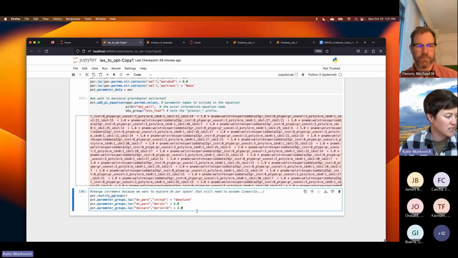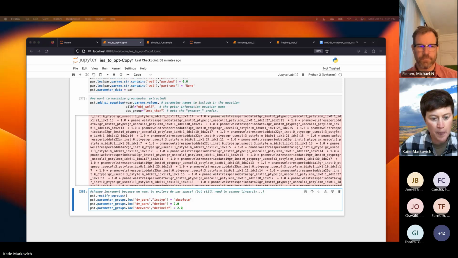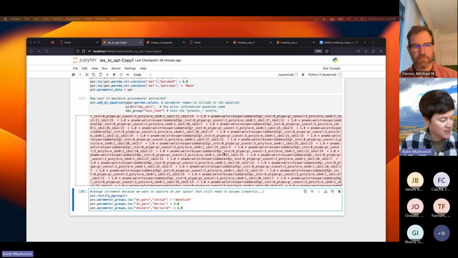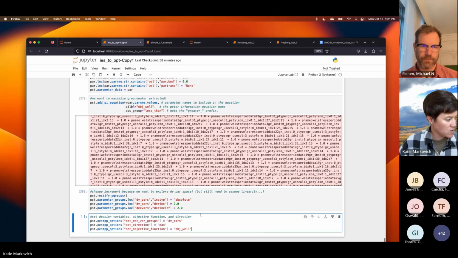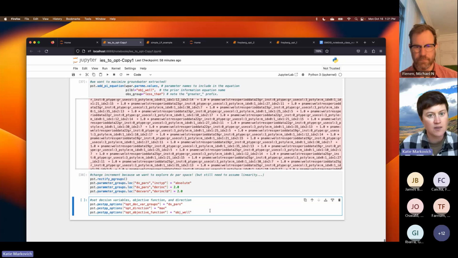So yeah, we're going to give it these new increments. And then, to answer that question, this is where we actually tell PEST++ opt the things that it needs to know to actually run this optimization. So first, since I gave it the group name of DB pars, we tell the opt decision variable groups that. If I named it something else, then I would just need to have that name in there. That's just the tie between the two.